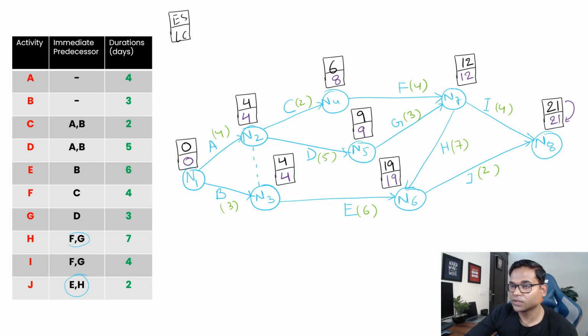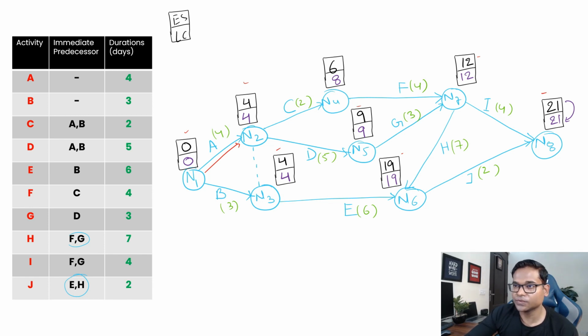So this is our critical path network diagram. Now let's try to identify the critical path here, right? From node 1 to node 2, that's one path where we can see the ES and LC are equal. So basically here, here, and here are the nodes where the LC and ES are equal.